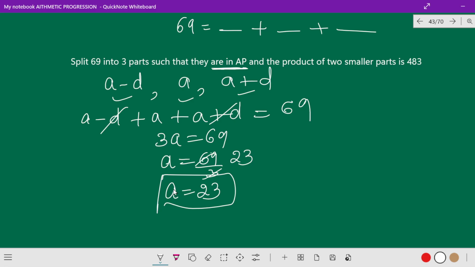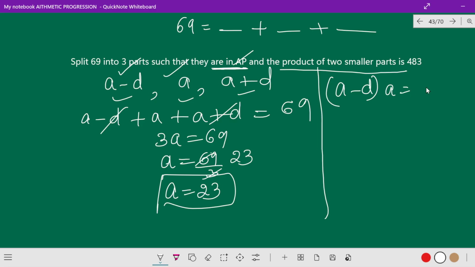When A is equal to 23, we can substitute it in any of the equations as A. But before that, we have to see that the product of two smaller parts is 483. Two smaller parts means among the first, second, third, it will become A minus D into A is equal to 483. Now A value is 23. Put the A value here. (23 minus D) into 23 is equal to 483.